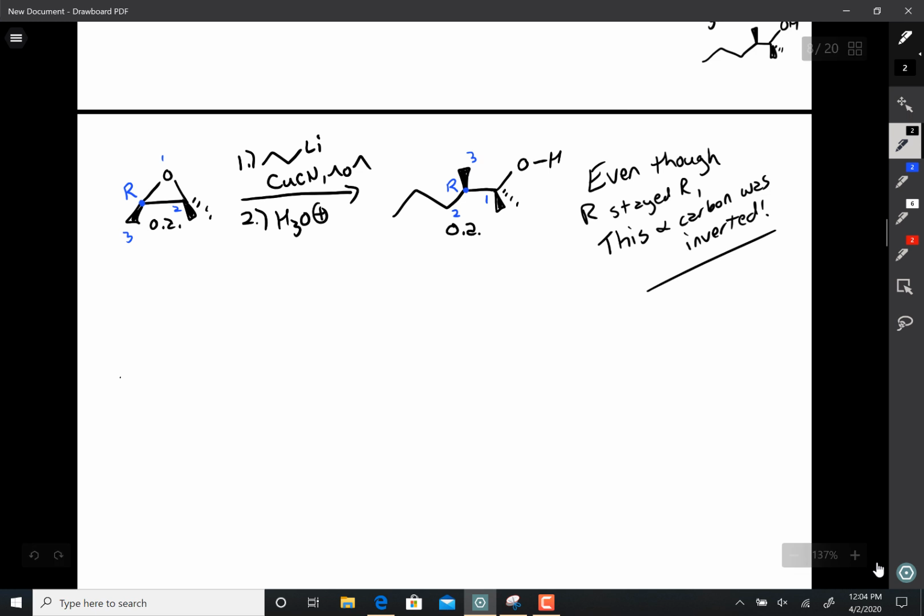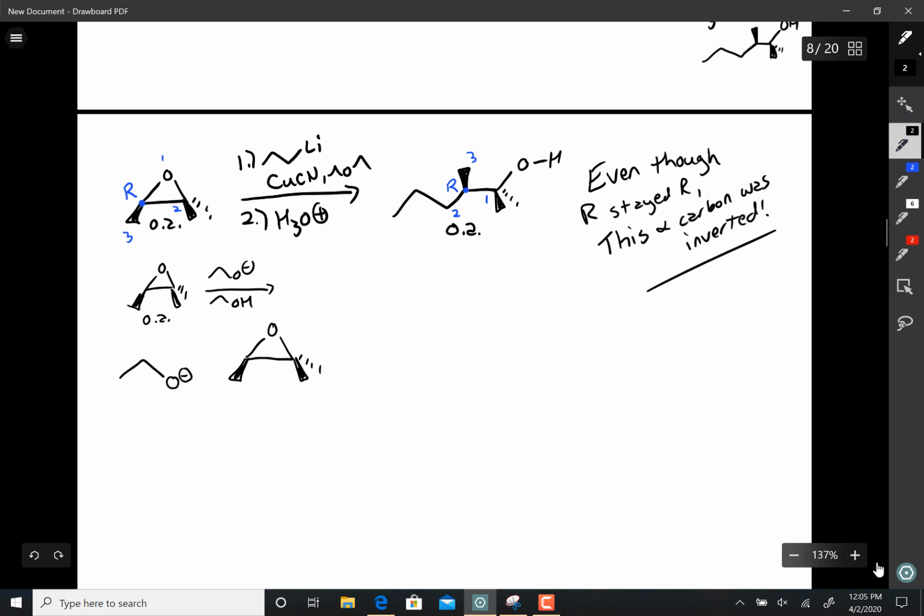And let me show you. Say we have this molecule here. So essentially we're reacting the epoxide with ethoxide and ethanol. Well, ethoxide adds from the less hindered side.